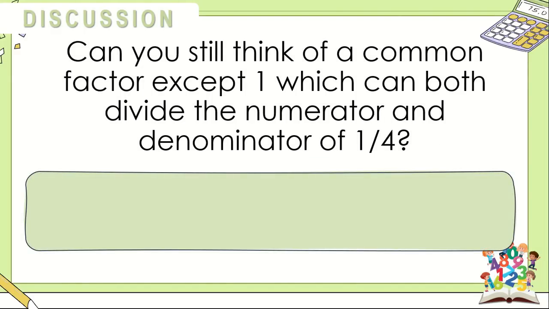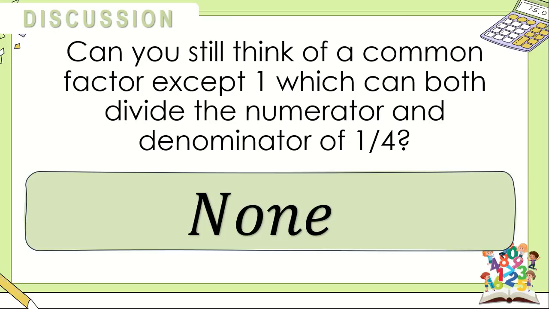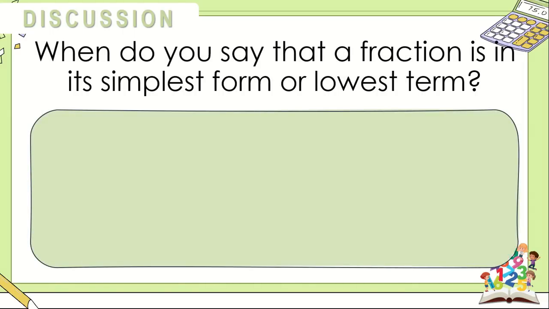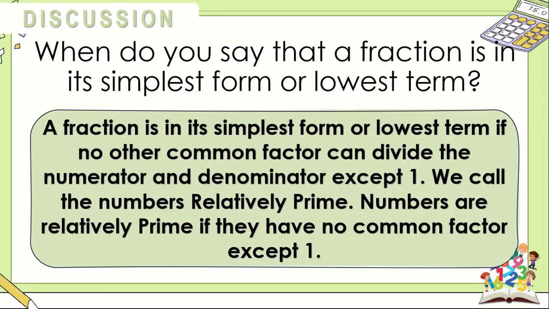Can you still think of a common factor except one, which can both divide the numerator and denominator of 1/4? None. When do you say that a fraction is in its simplest form or lowest term? A fraction is in its simplest form or lowest term if no other common factor can divide the numerator and denominator except one.